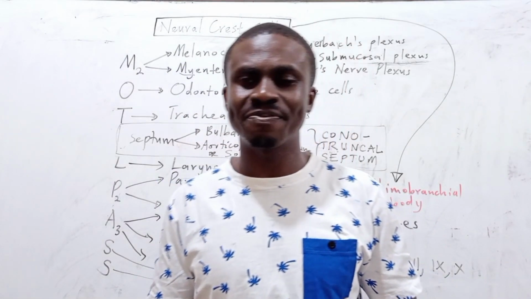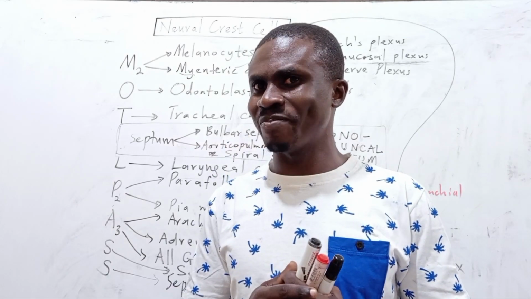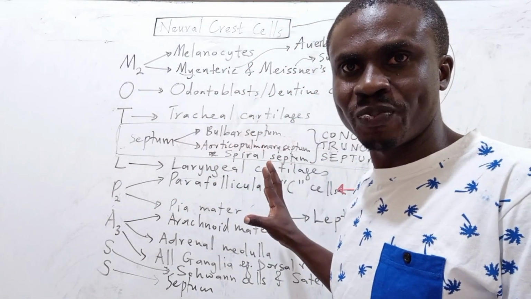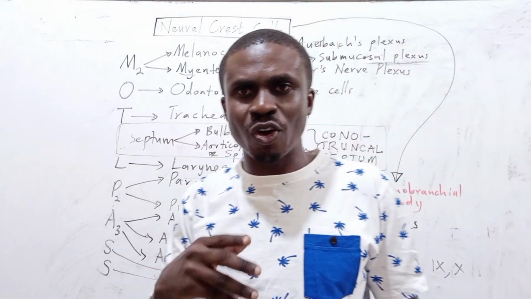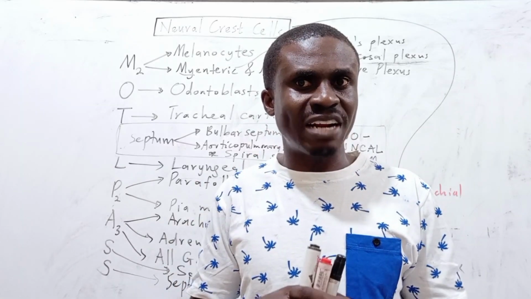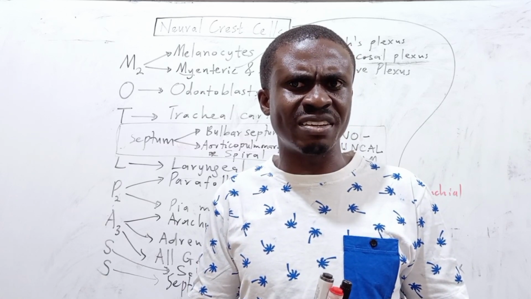That's what we are talking about. For this reason, if someone is lacking that kind of migration of those cells, then the person may have some kind of septal issues. Bulbar septum, aortico-pulmonary septum. Yes, these are the things that the person will be experiencing.